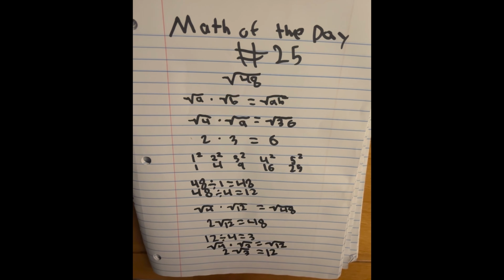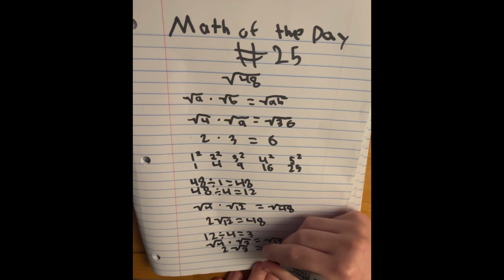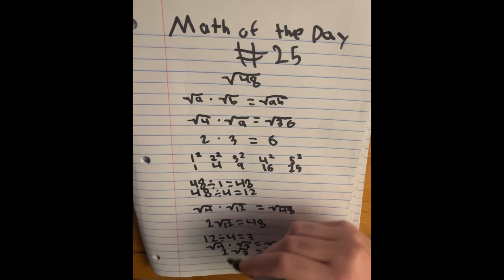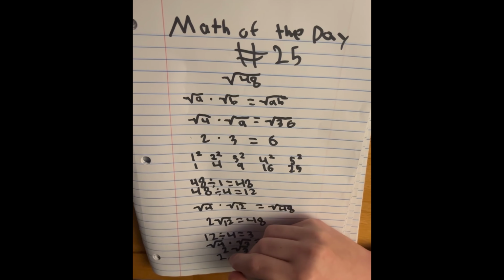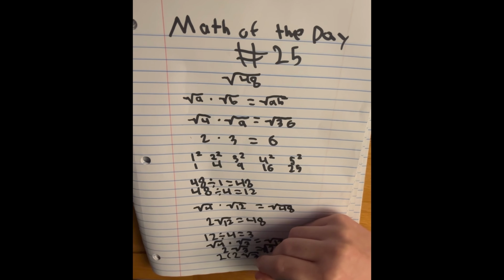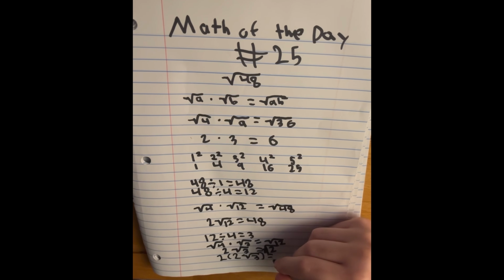And then we can put this back in earlier. That gives us 2 times 2 times the square root of 3.